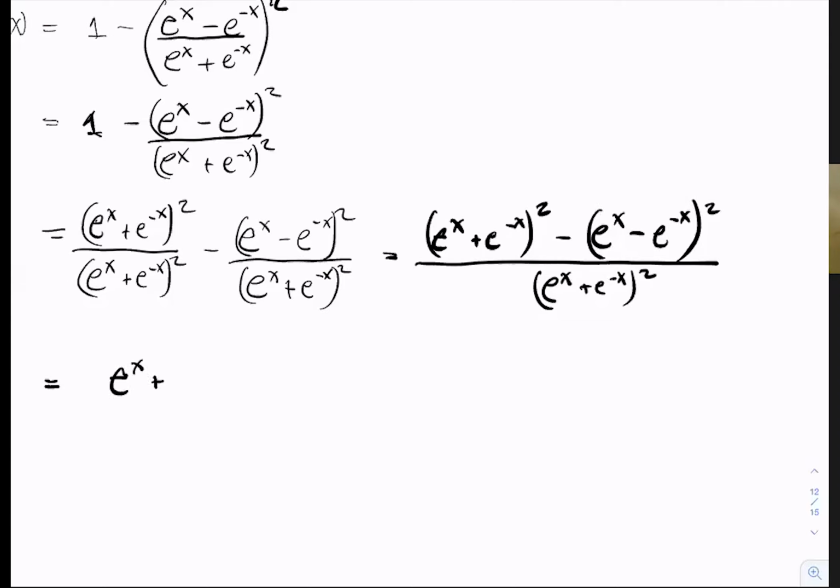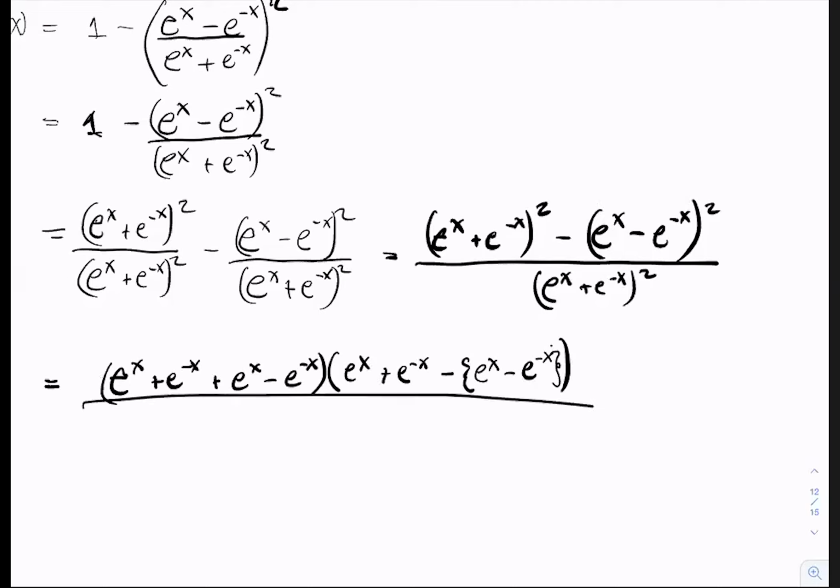(e^x + e^-x) plus (e^x - e^-x) in one bracket. And in the other bracket, we have (e^x + e^-x) minus, let's do the inside expression here, (e^x - e^-x).